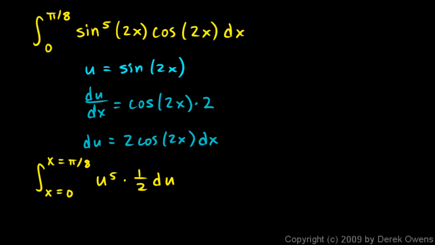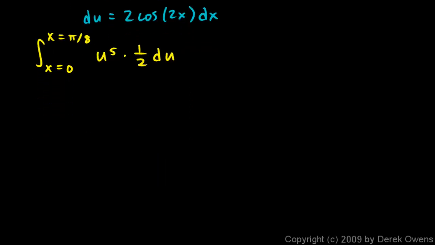So this is pretty easy to integrate. Let's just bring the 1/2 out front, and then we integrate u to the fifth, and that gives us u to the sixth over 6, and this is evaluated from x equals 0 to x equals pi over 8.